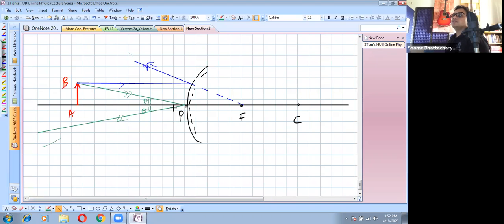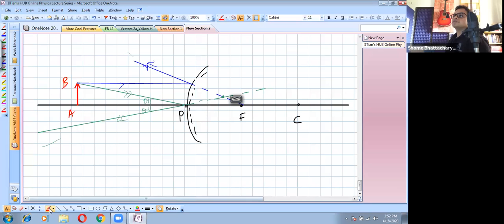So next what we have to do is, we have to produce this very reflected ray that we have seen, we have to produce it backwards. So again, this is not an actual ray of light. So this point here becomes the virtual image of B. Okay, so hope this is clear to all of you. Okay, how we've done the ray tracing.